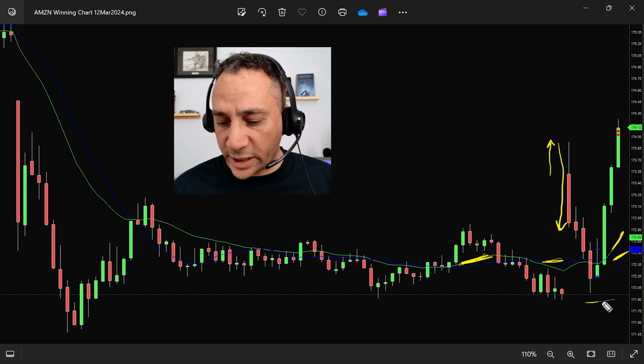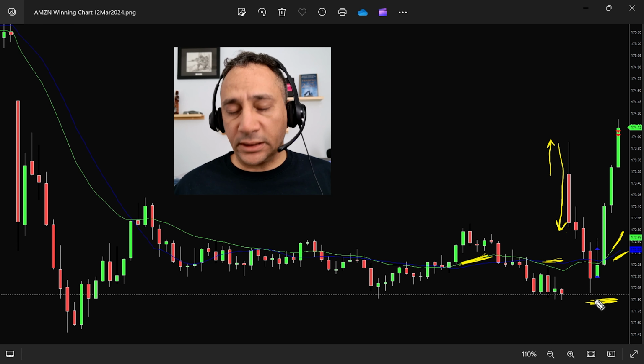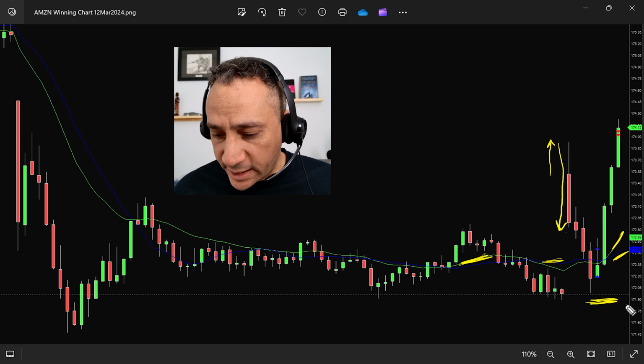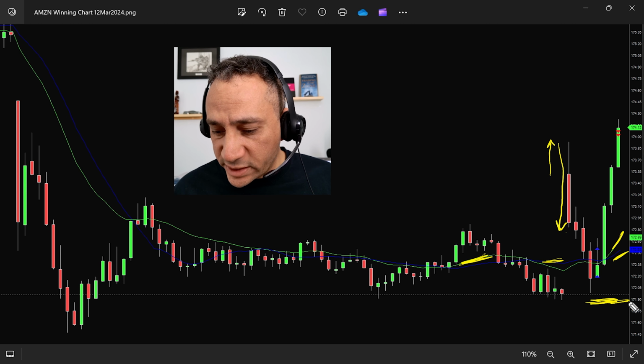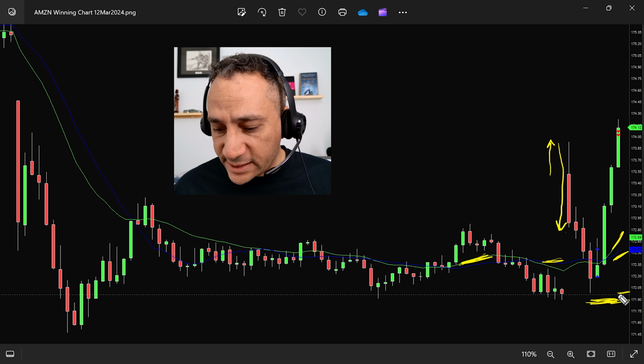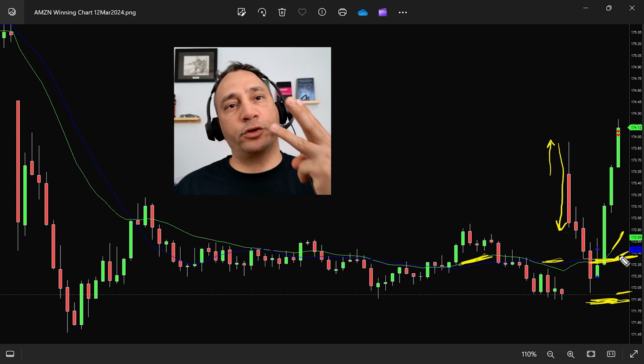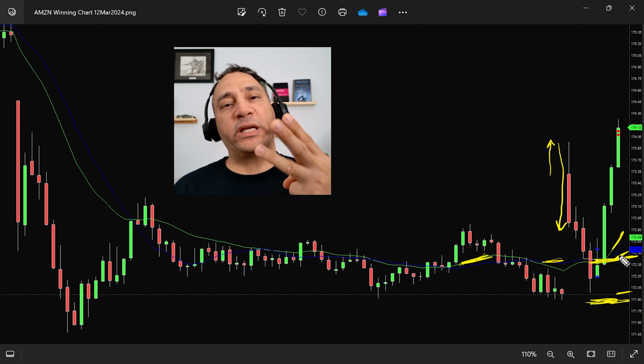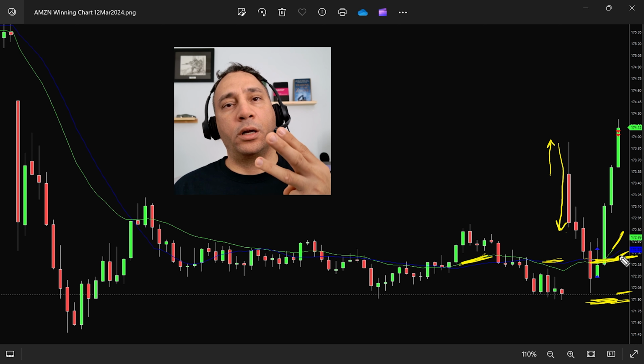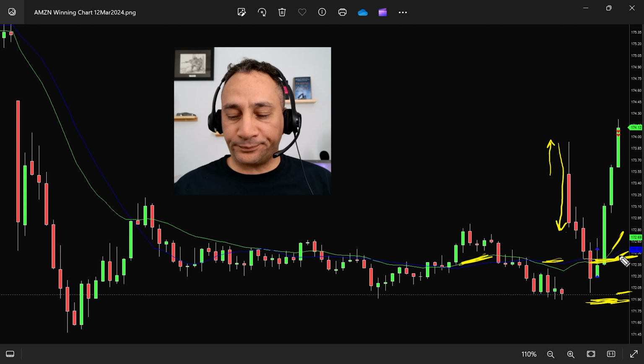The prior day close right here is considered a support level. So you've got the prior day close at 171.90, or maybe 172. Then he has 172, the solid number, and he had the EMAs. 3 levels of support that will actually give him a higher probability of winning that trade.